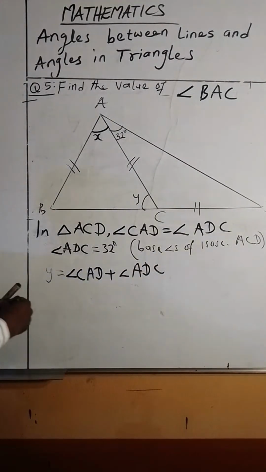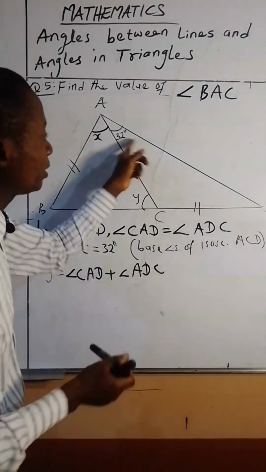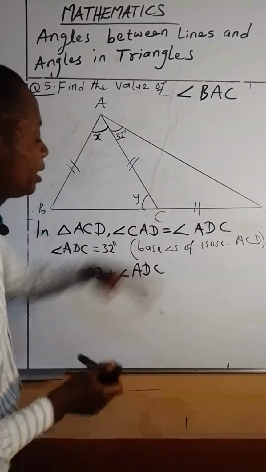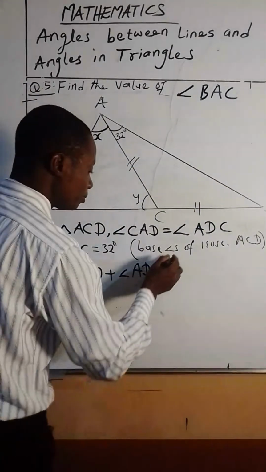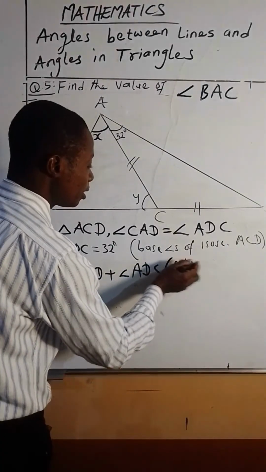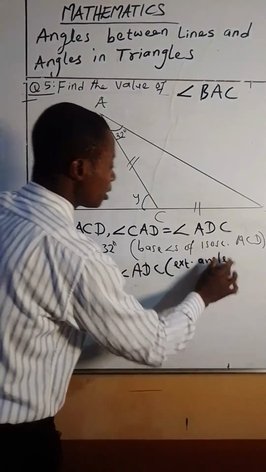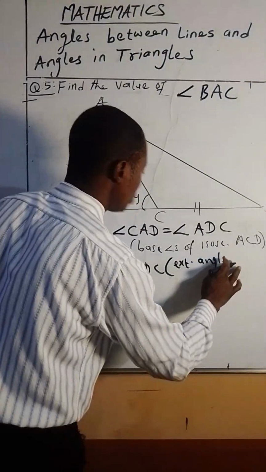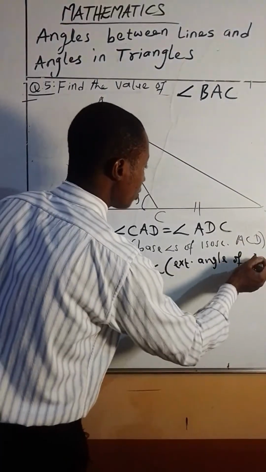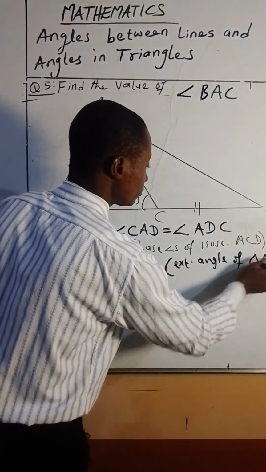What is the reason? Exterior angle. This angle is exterior to this triangle. So, exterior angle of triangle ACD.